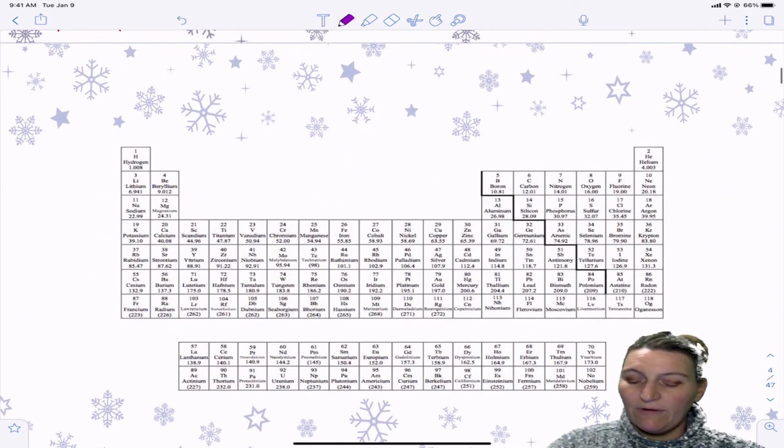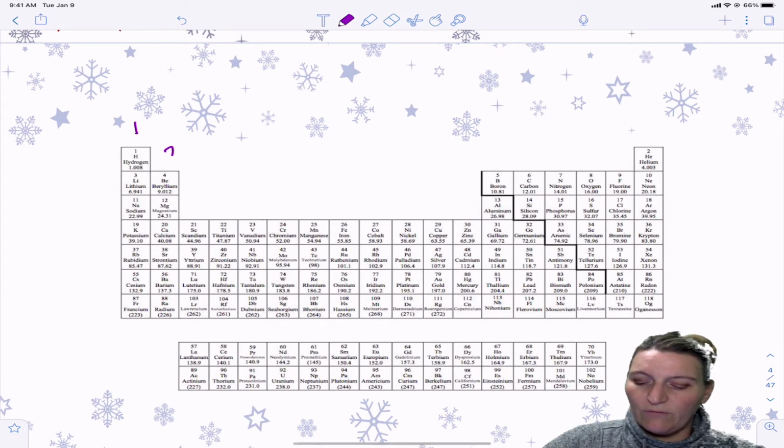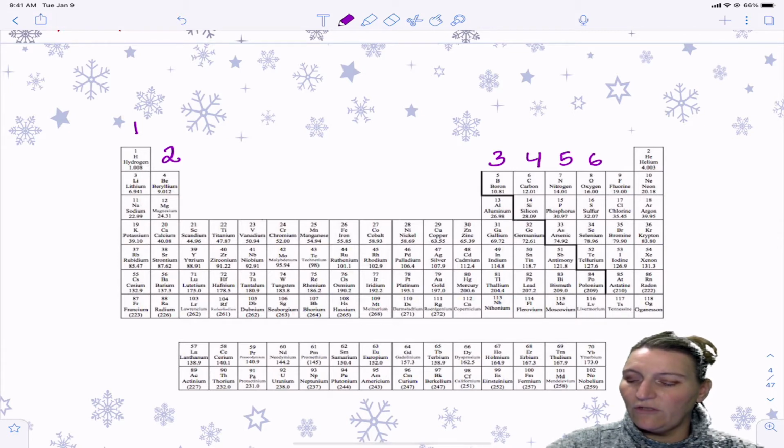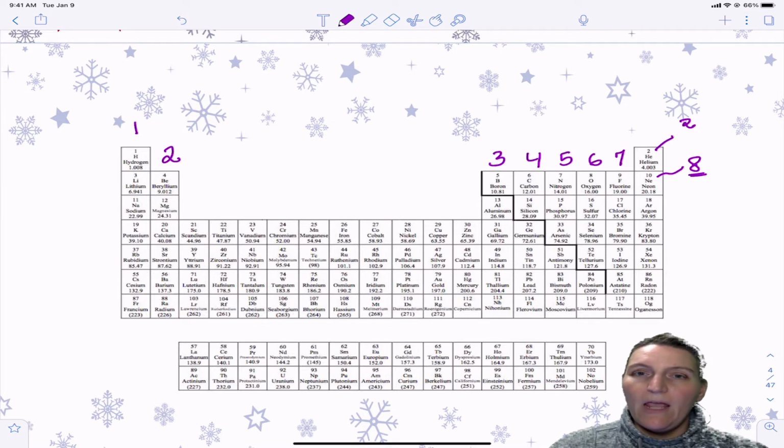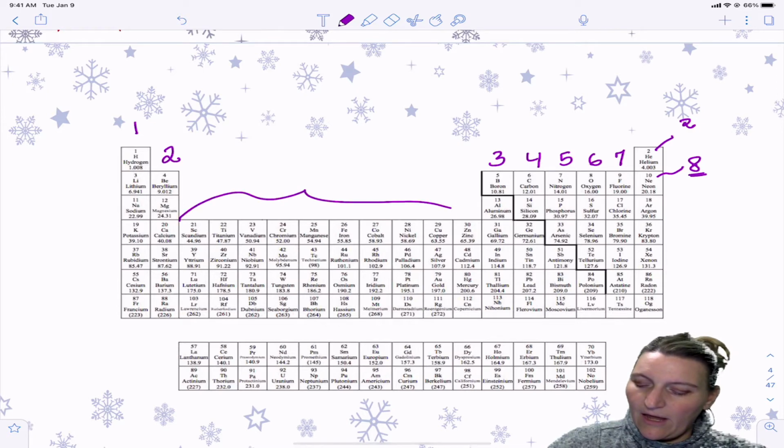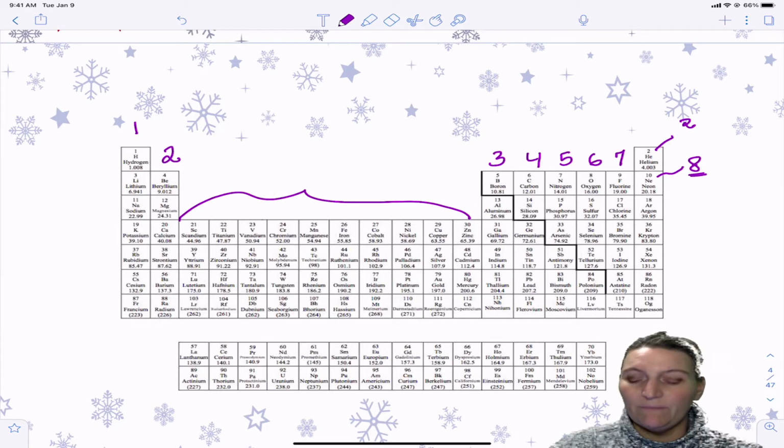So just as a reminder, everything in that first column has 1 valence electron. Beryllium has 2, boron has 3, carbon has 4, nitrogen has 5, oxygen's group has 6, fluorine's group has 7, neon and everything below it has 8, but helium only has 2. And the elements in the middle all have 2 valence electrons.